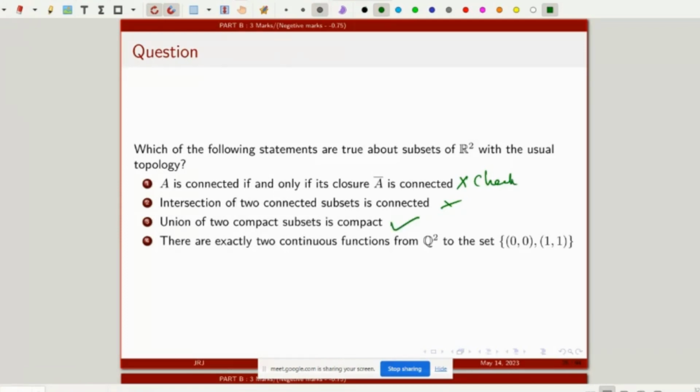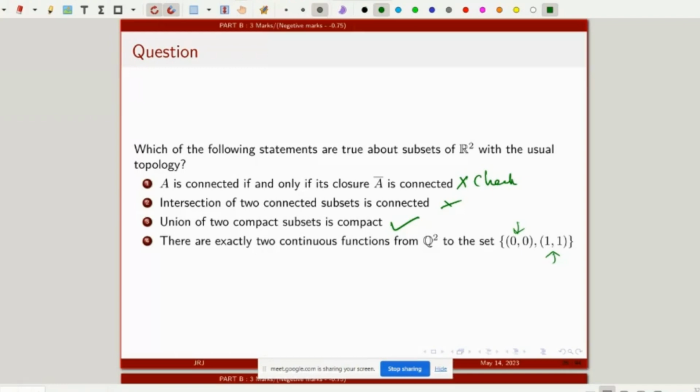There are exactly two continuous functions from Q2 to the set {0, 1}. What can you say about this option? Two continuous functions you can immediately say: the whole Q2 mapping to this point is one continuous function, and the whole Q2 mapping to this point is another, because these are constant functions.